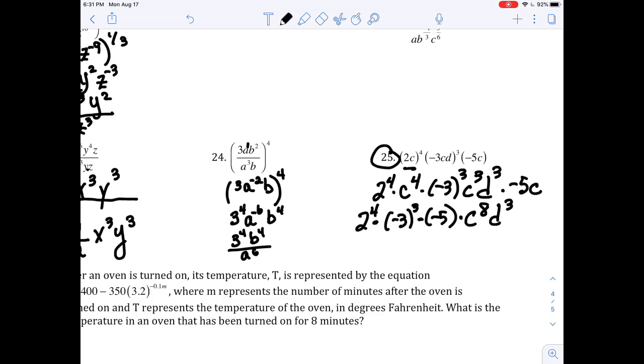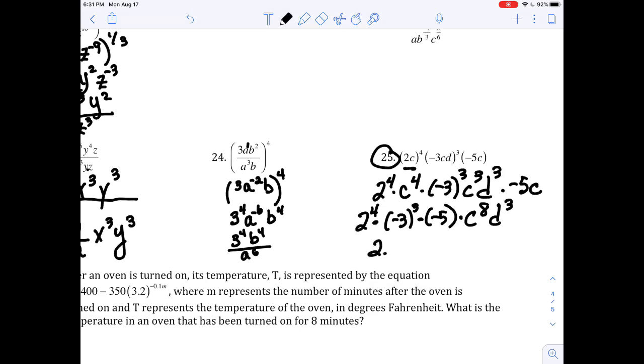Now, in order to figure out what 2 to the 4th times negative 3 to the 3rd times negative 5 is, you're going to want to put that into your calculator. Okay, so that's going to be 16 times a negative 27 times a negative 5.